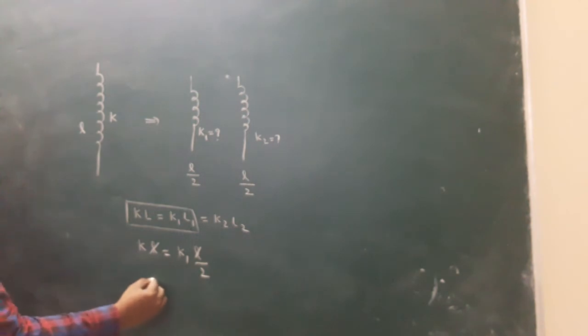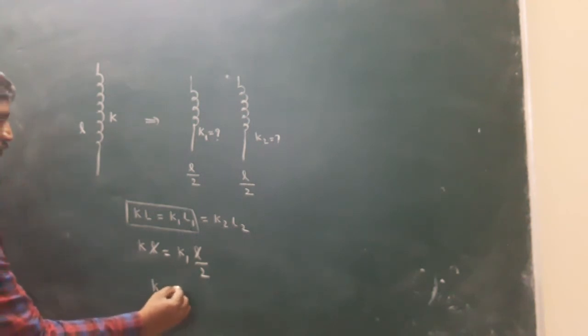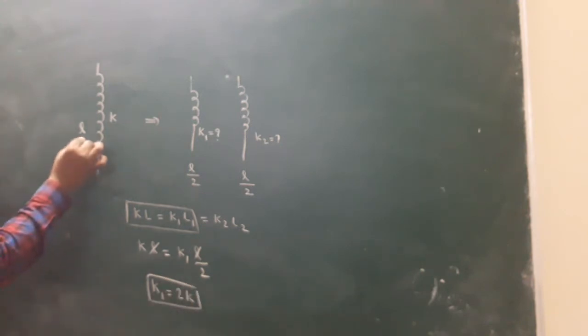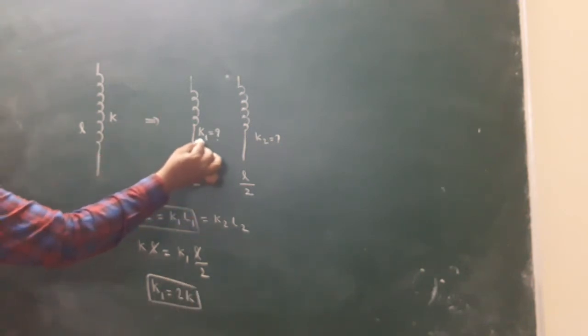L cancels. What is the K1 value? 2K. Simply, when the length is halved, K is doubled.